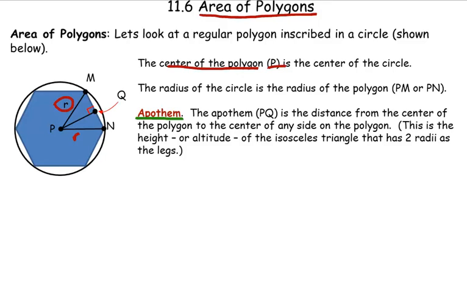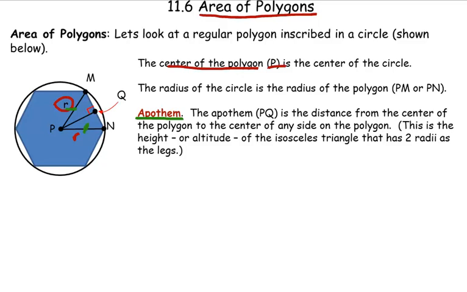And so that is the height or the altitude of the isosceles triangle that has 2 radii for legs. So this gives me an isosceles triangle right here and here. Those sides are the same measure. So I get an isosceles triangle where the apothem is the height of that triangle, the altitude. Remember, perpendicular line from the base up to the vertex, so that's the altitude.